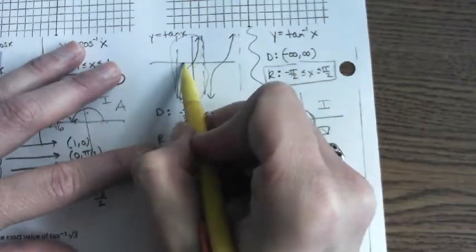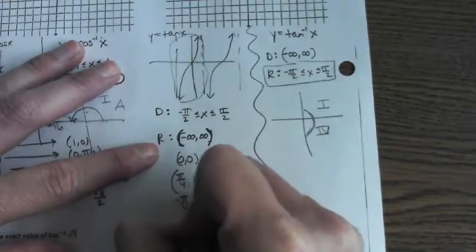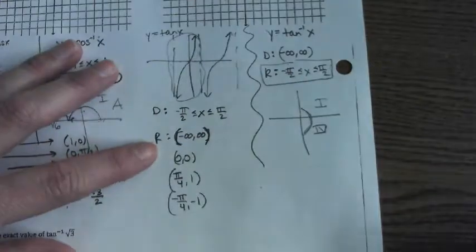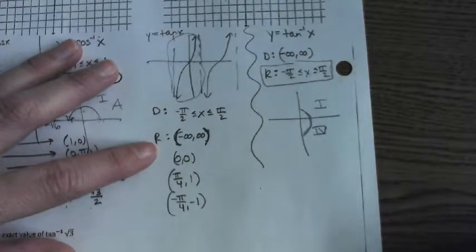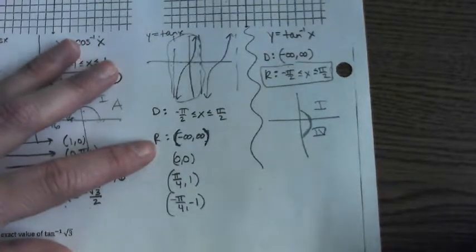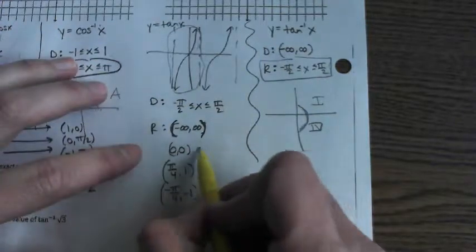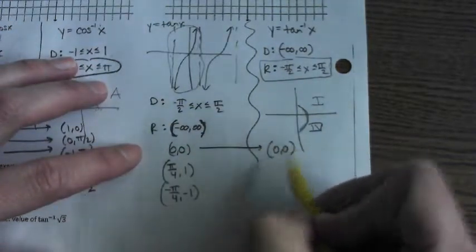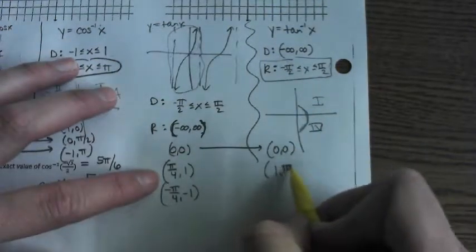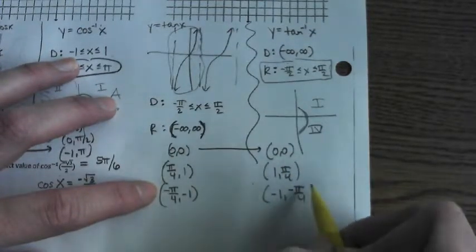And if I go this direction, that's negative pi over 4 and negative 1. We all know the tangent of pi over 4 is 1. It's easier than doing a pi over 6 or a pi over 3 angle and dealing with root 3 or root 3 over 3. So when we invert these, we're still going to have 0, 0. We're going to have 1, pi over 4, and we're going to have negative 1, negative pi over 4.